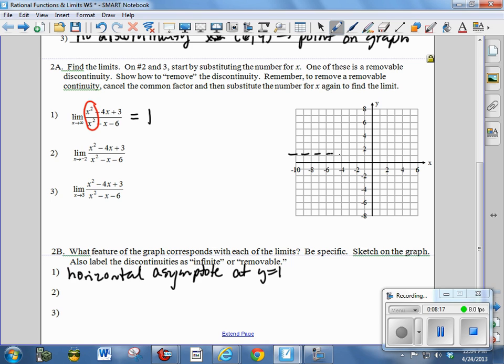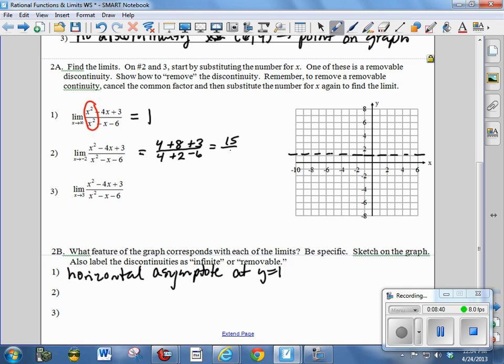Now if I put in negative 2, I get 4 plus 8 plus 3. Negative 2 squared is 4. Negative 4 times negative 2 is plus 8, plus 3. Then in the denominator I get negative 2 squared, which is 4, minus a negative 2, which would be plus 2, minus 6. So I get 15 over 0.